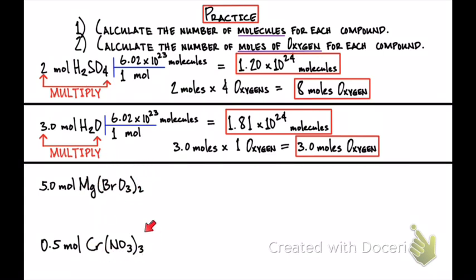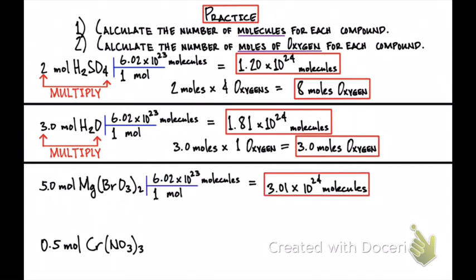Same thing with this one at the bottom. Okay, so we're looking at formula units and not number of molecules. This is an ionic compound. All right, so we're going to set up our dimensional analysis, and all you have to do is multiply 5 by Avogadro's number and that gives you the total number of formula units. So that's a typo here. This is supposed to be formula units of magnesium bromate.